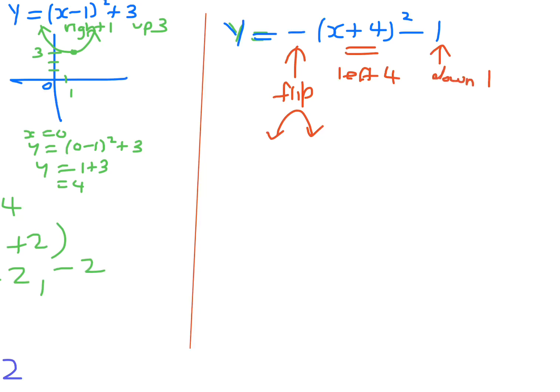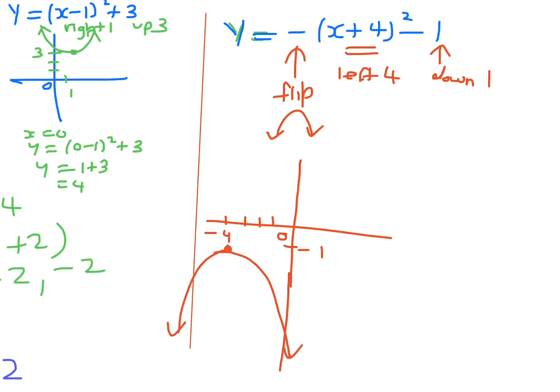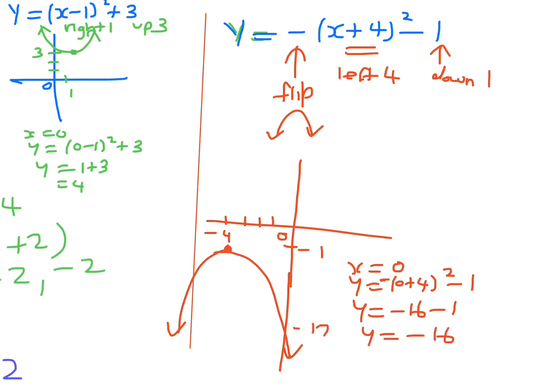So basically it's going to go to the left 4, down to minus 1, which is there, and it's going to be a sad parabola. If you put in x equals 0, you get y equals minus 0 plus 4 squared minus 1, y equals minus 16 minus 1, so y equals minus 17. So that y-intercept there would be minus 17.